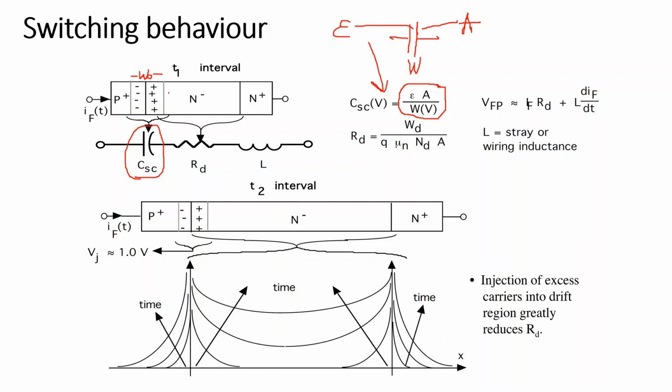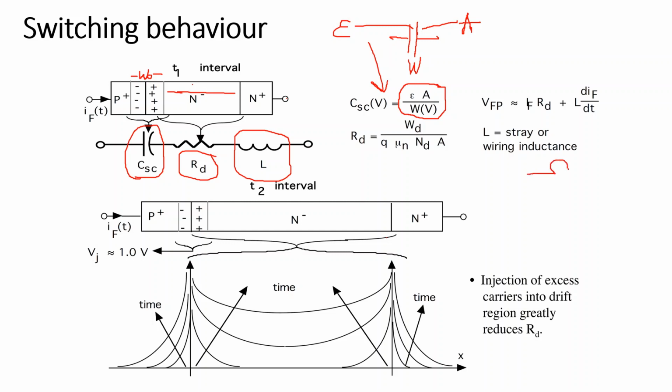Then we have this drift region which has some resistance. The resistance of this drift region is given by Rd, and then this diode will be embedded in some external circuit, and that external circuit will have some inductance also. So that inductance is shown by L. For example, in many cases diodes are connected in series with inductances.